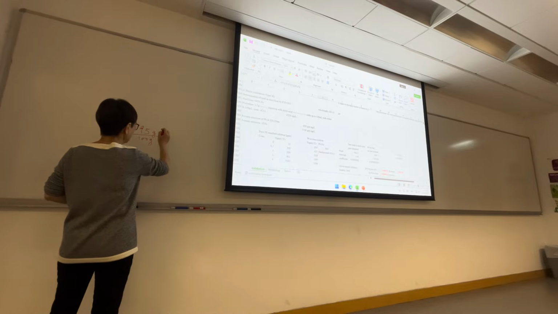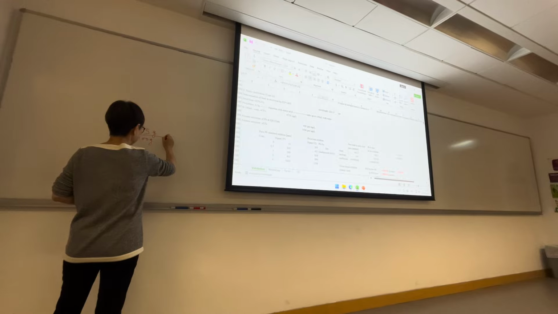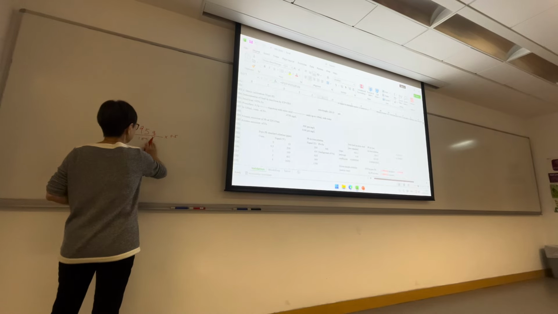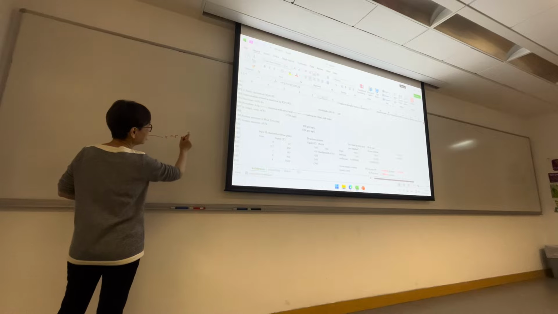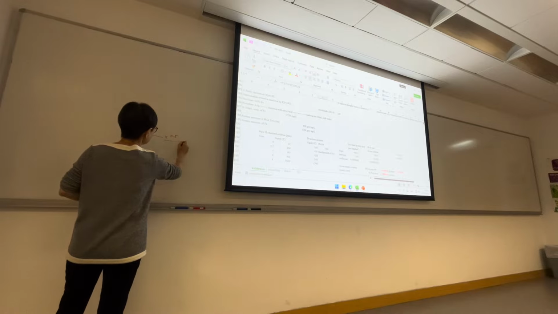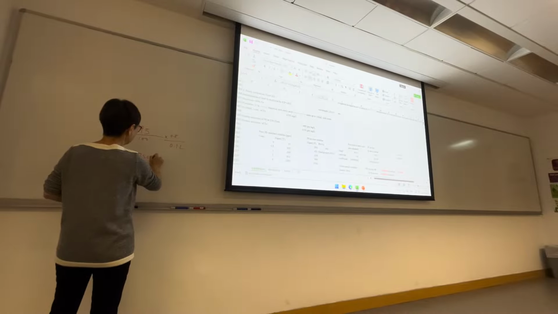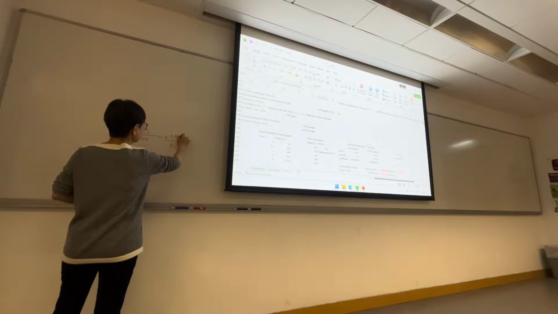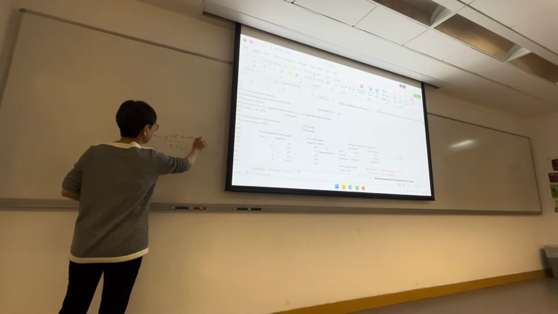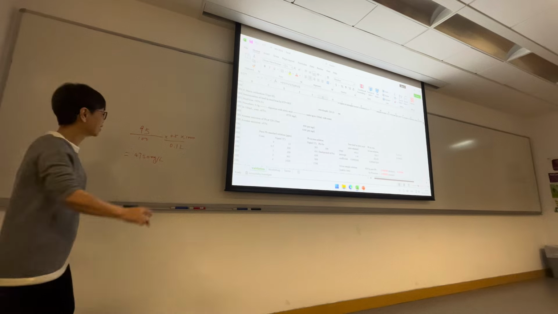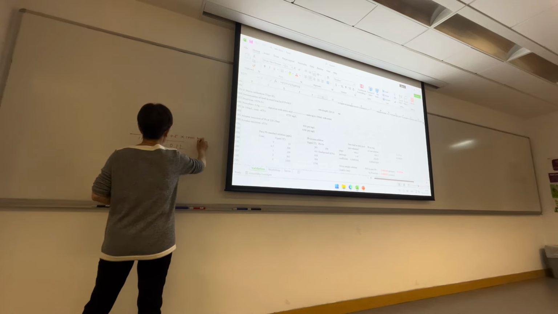And then you have 0.5 gram, and finally it dissolves in 0.1 liter. So the final is 4750 mg per liter, because we still need to multiply by 1000, and this will be mg, okay?